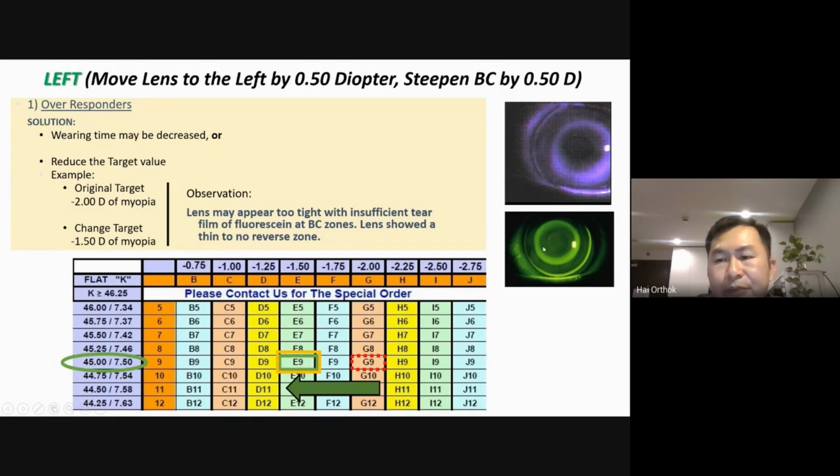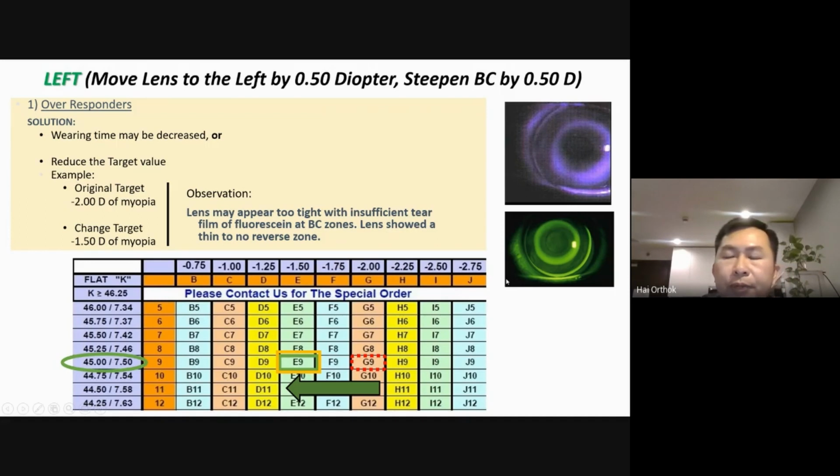I will have to steepen the central cornea right here half a diopter, and reduce the lens to -1.5 diopter in order to provide treatment for -2 diopter. So when it's over responding, you only need to move the lens to the left half a diopter.